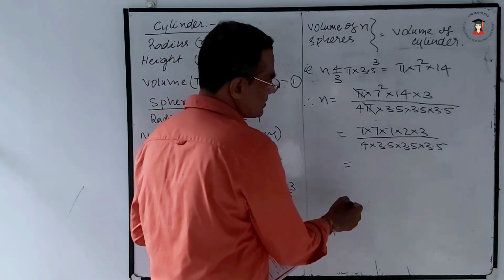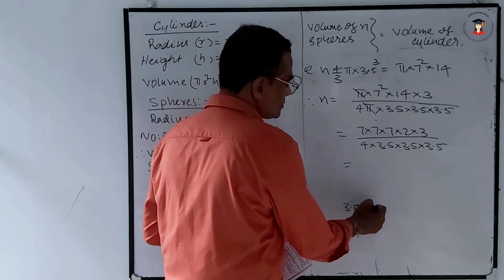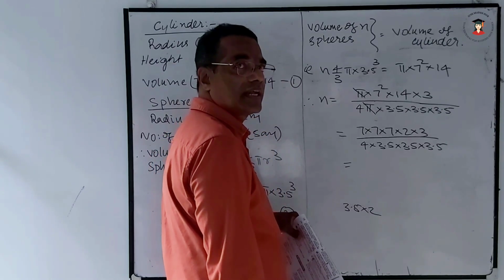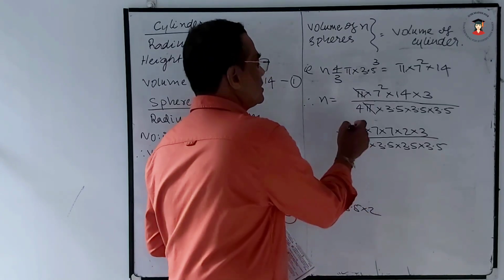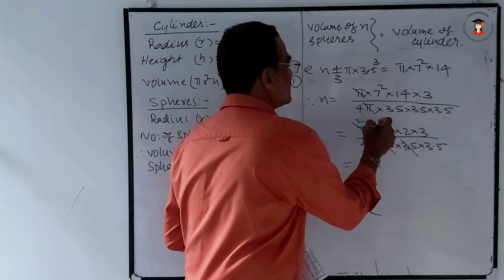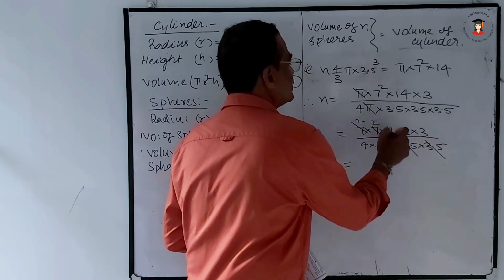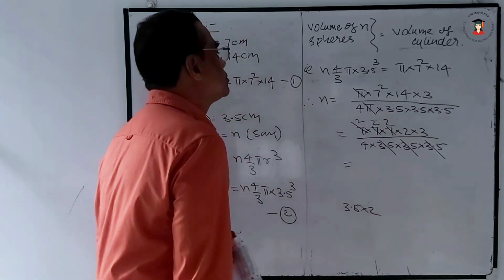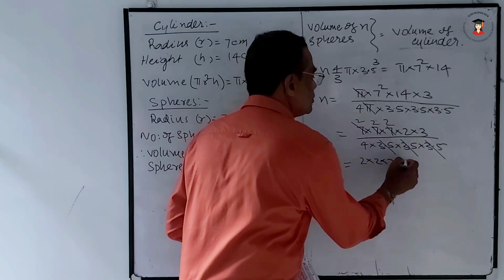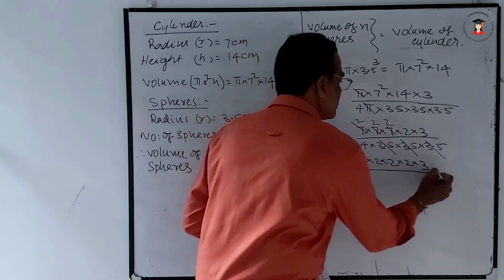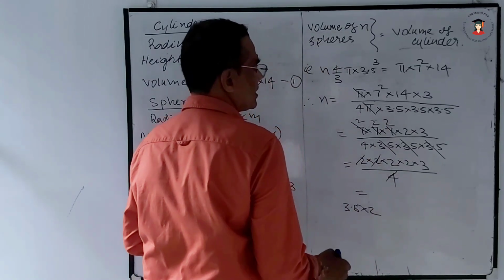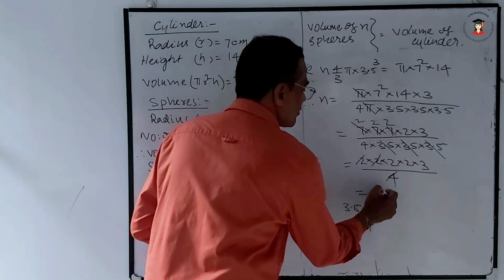It is 2, because 3.5 plus 3.5, 3 and a half plus 3 and a half, will give you 7. So I am getting 2 here. Again I am dividing, and I get one more 2. Dividing again, I get one more 2 there. So 2 into 2 into 2 into 2 into 3 divided by 4. So this 2 and 2 will go. Remaining is 4 into 3, which is 12 numbers.